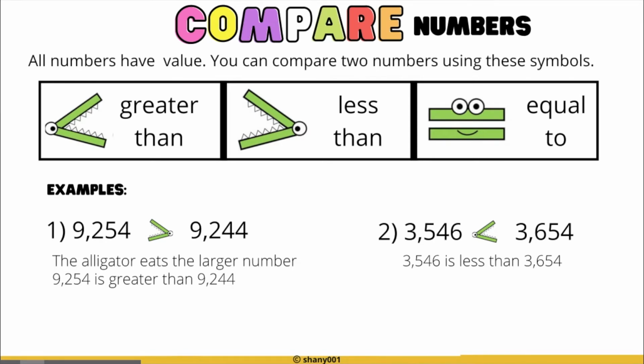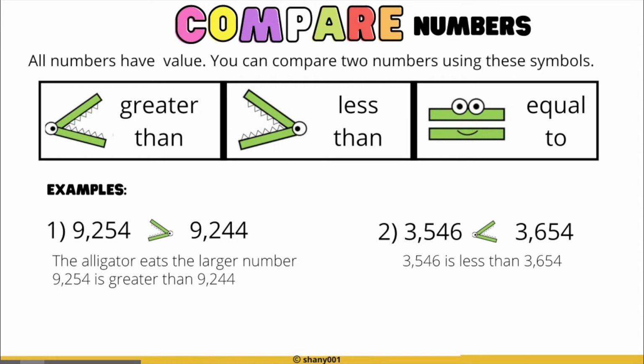How do I know it's greater? Well, I always know that this alligator eats the larger number. So 9,254 is greater than 9,244.